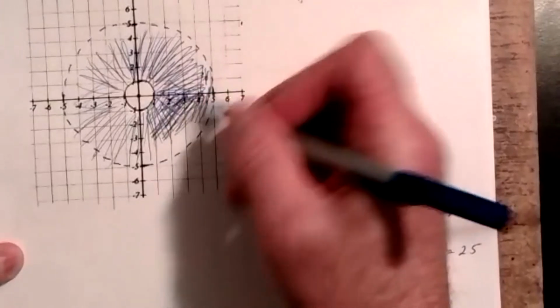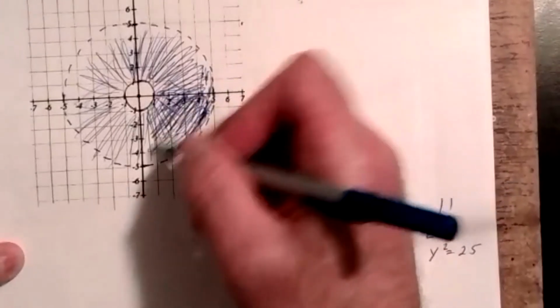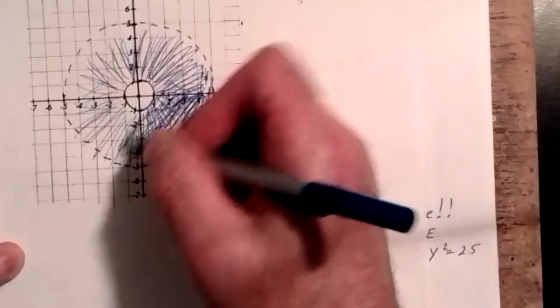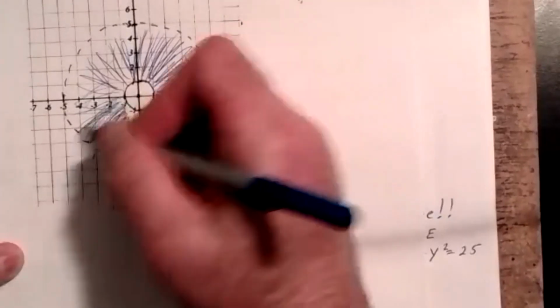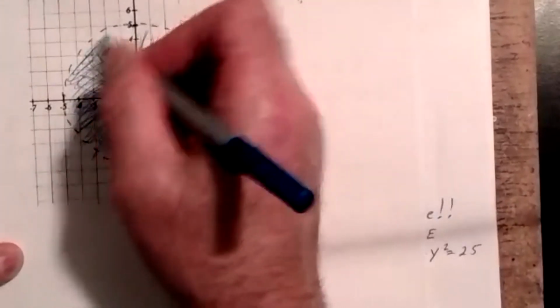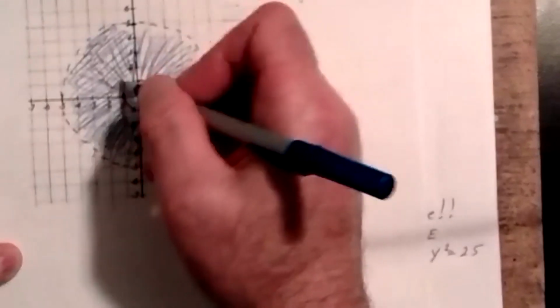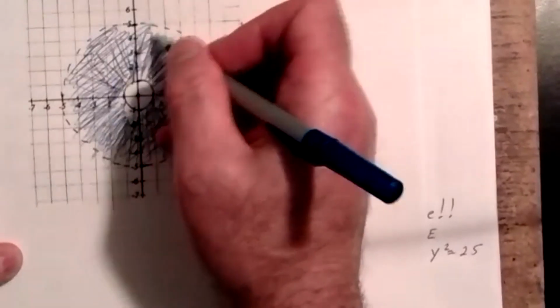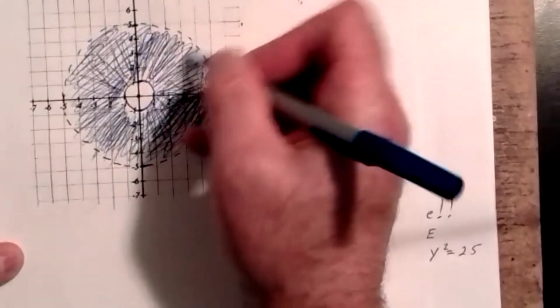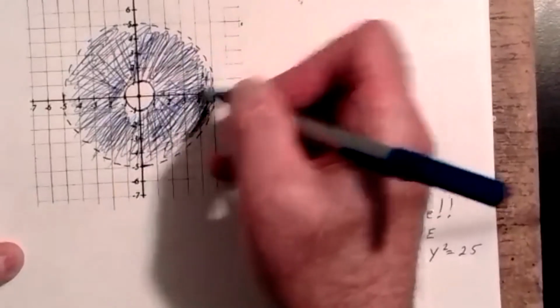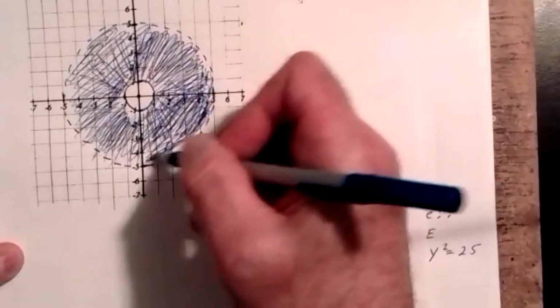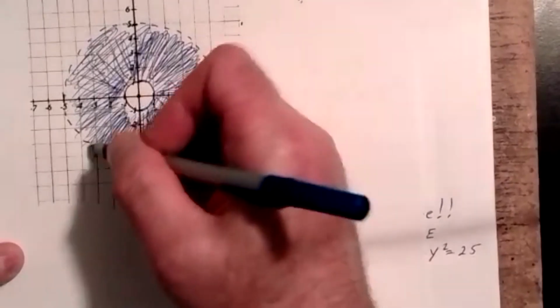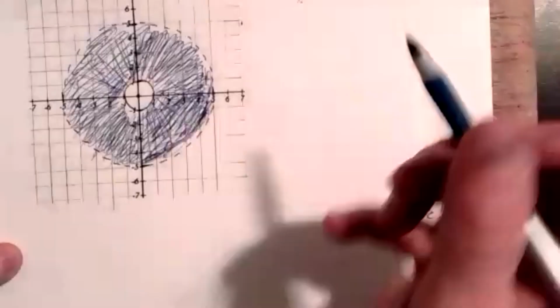So the graph of the solution set to that system of two nonlinear inequalities in two unknowns is going to be any point that literally lies in between these two circles. These concentric circles. They're called concentric circles because they share the same center point of 0, 0. Everybody see that there?